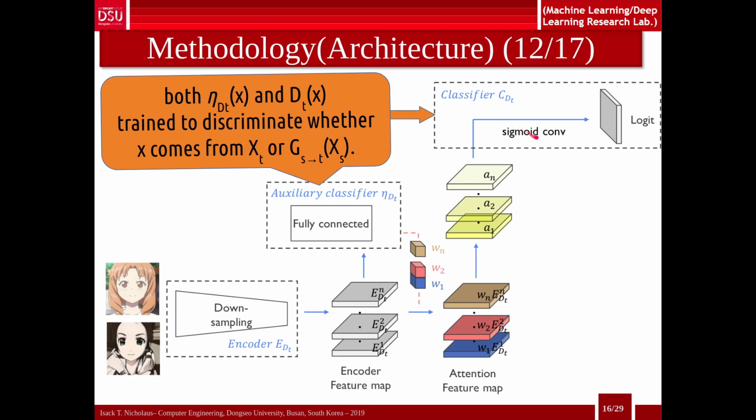By using a sigmoid convolution layer, it will output 0 or 1. 1, for example, can mean that the image comes from the target, and 0 that the image comes from the generator. So this is the complete network, a generator as well as a discriminator, to accomplish this.